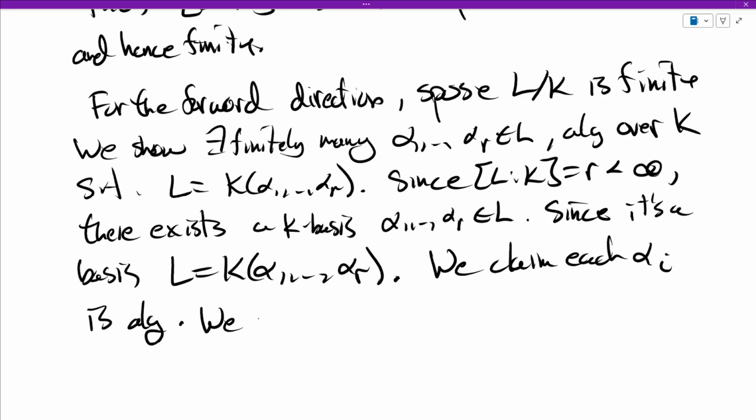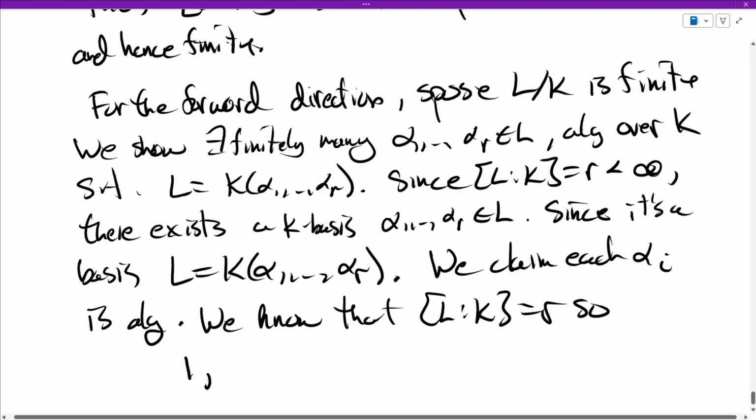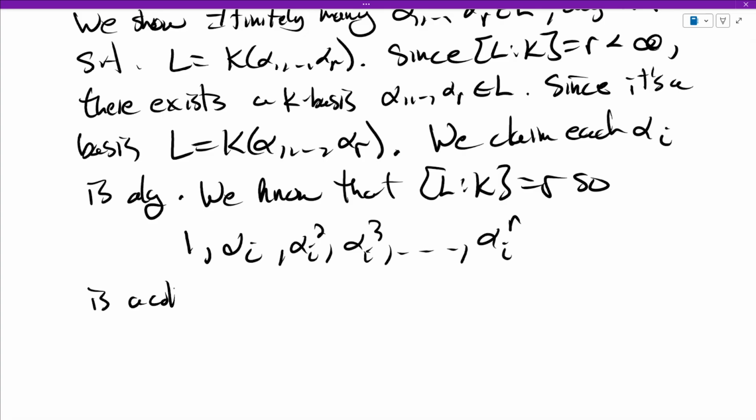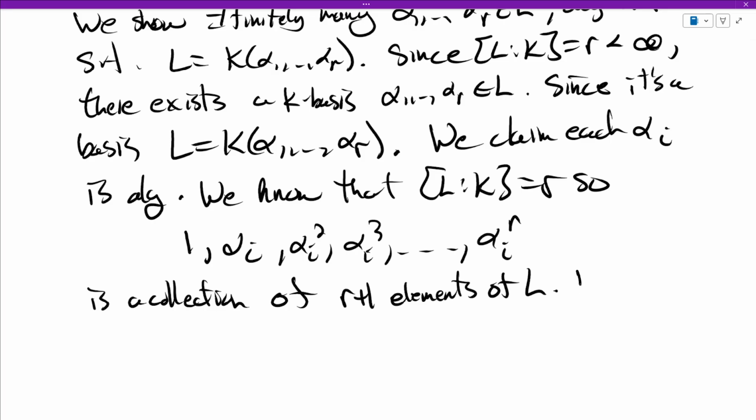Well, we know that the degree of L over K is R. So if we look at 1, alpha I, alpha I squared, alpha I cubed, all the way to alpha I to the R, this is a collection of R plus 1 elements of L. And any collection of R plus 1 elements of L is bigger than the size of a basis, so there must be a dependence.